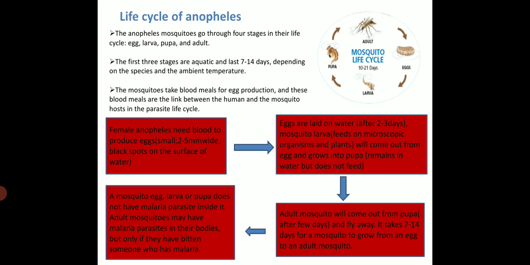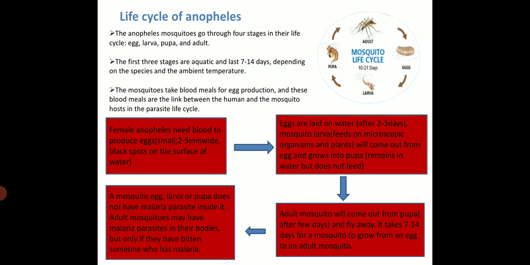So here is the picture of the life cycle of Anopheles, that is, you can see the flow chart. Female Anopheles need blood to produce eggs, and the eggs are laid on water. After 2 to 3 days, mosquito larvae, which feed on microscopic organisms and plants, will come out from the egg and grow into pupa, and later on the adult mosquito will come out from the pupa after a few days and fly away.